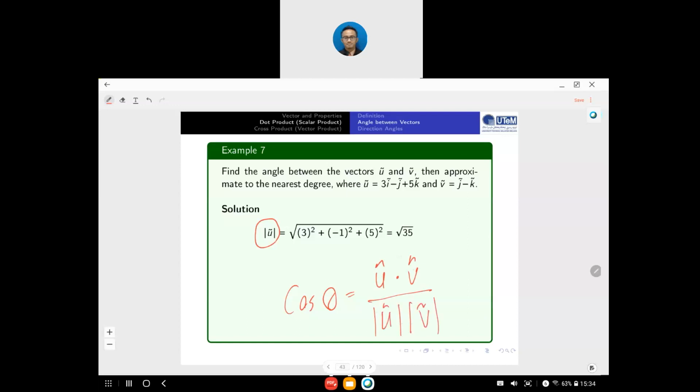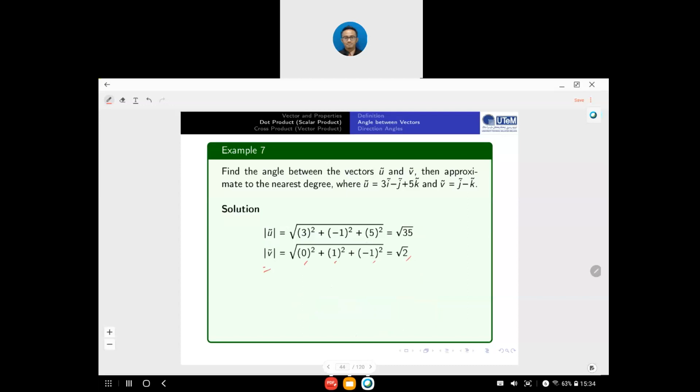So you need to find magnitude U first. Magnitude U is the square root of 3 squared plus negative 1 squared plus 5 squared, which gives square root of 35. And magnitude V is the square root of 0 squared plus 1 squared plus negative 1 squared, which is square root of 2.